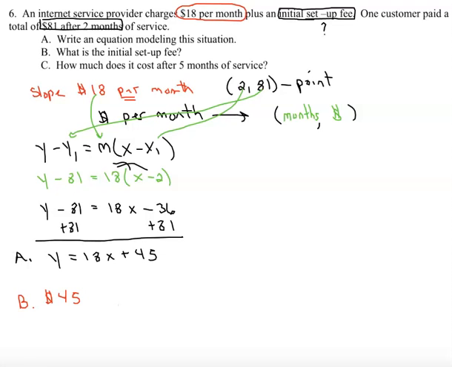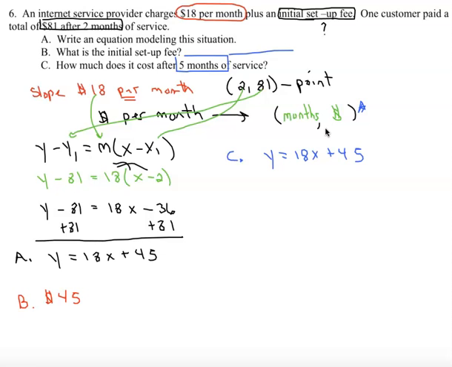Then looking at part C, this is why getting that equation is critical. Part C says, how much does it cost after 5 months of service? I have an equation, y equals 18x plus 45. What is that 5 months? Is that my x value or my y value? When you labeled your information, you had months, comma, dollars.